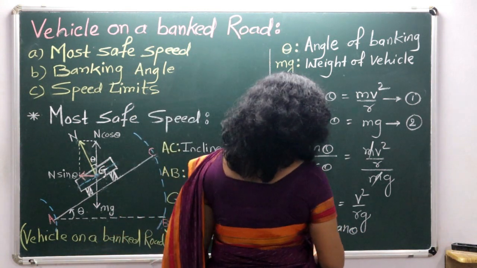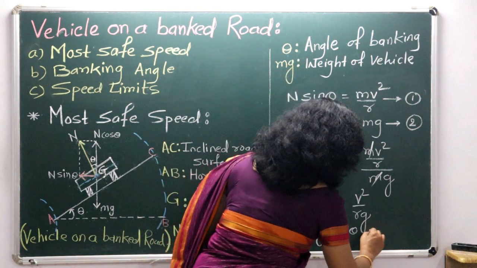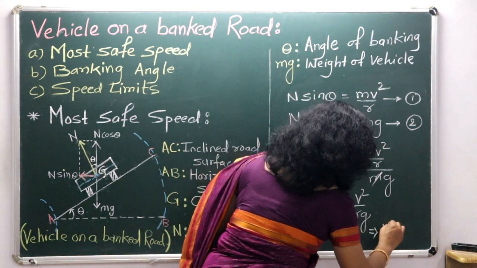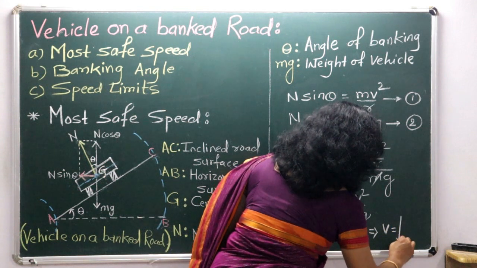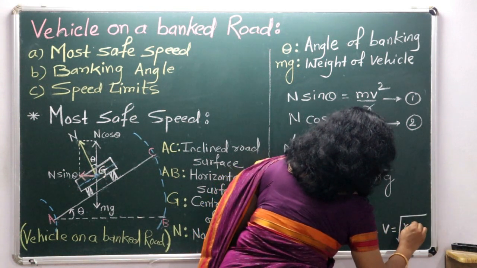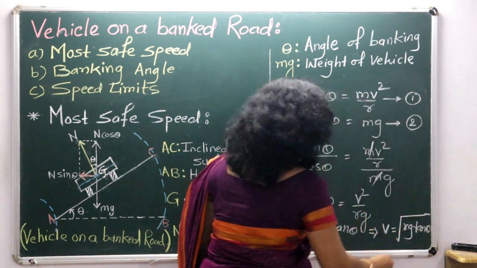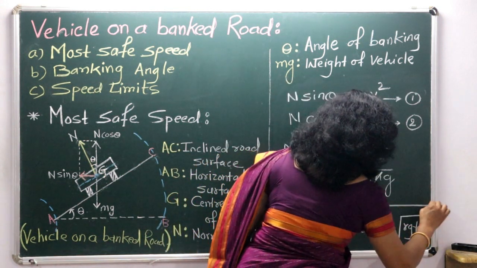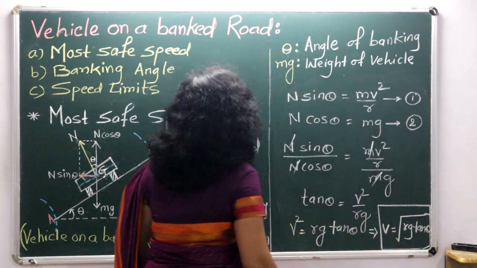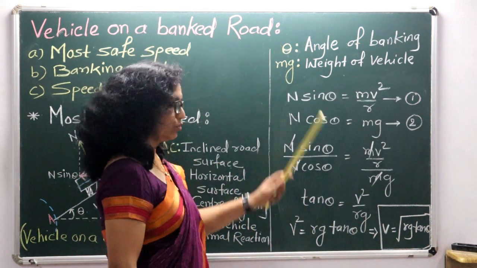Take square root on both sides. We get v is equal to square root of r into g into tan of theta, and this is the most safe speed of a vehicle on a bank road.